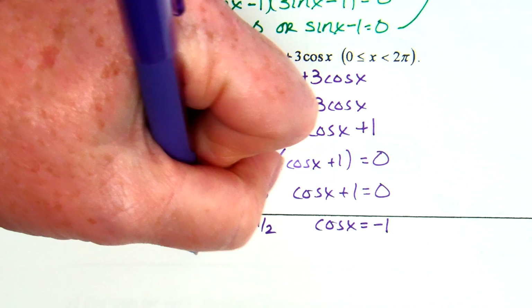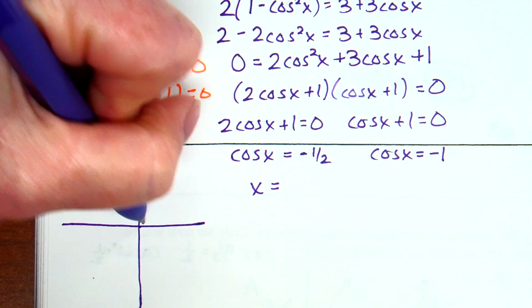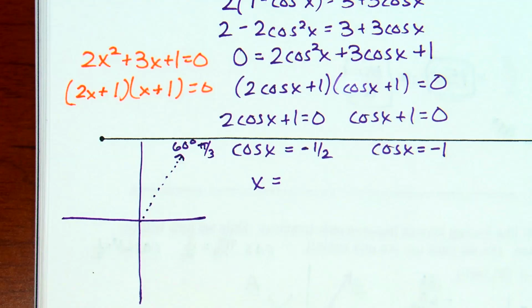Okay. 60, or what I'm going to say as pi over 3, because we need to talk in radians in this problem. Now, is pi over 3 one of my answers? No. Because we need to think all students take calculus, and we need negatives. So we need which quadrants? 2 and 3. We need to know what it is in this quadrant and what it is in this quadrant.